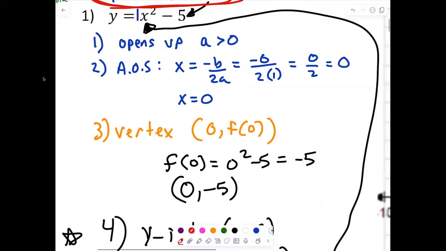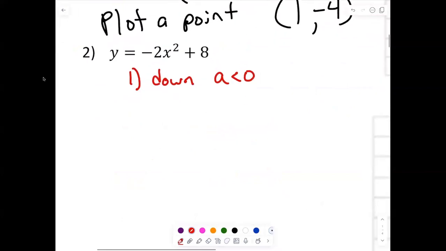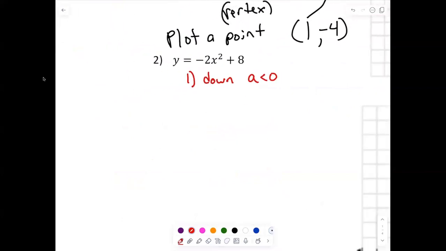So if a is less than 0, it's going to open down. Your parabola will look something like this. So step 1, it goes down.